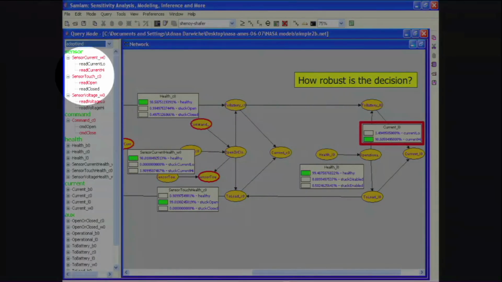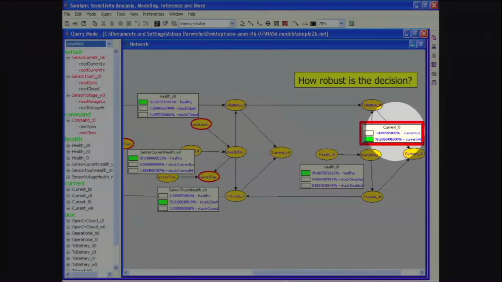You can see an example of the sensors on this side. You can issue commands, and you're talking about the health of various components. The example here was that I have some evidence. I closed something, and then I'm getting readings, and I'm getting this conclusion about the current on one of the wires.